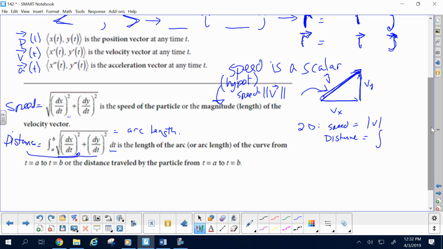I just want to know how far did it go. So you want to remove the right left component. Well, how do you remove the right left component? You remove the sign of the velocity. And that's why when we find distance, we integrate speed, not velocity. Distance is I don't care what direction, just remove the sign component to it and tell me how far did it go, rate times time.